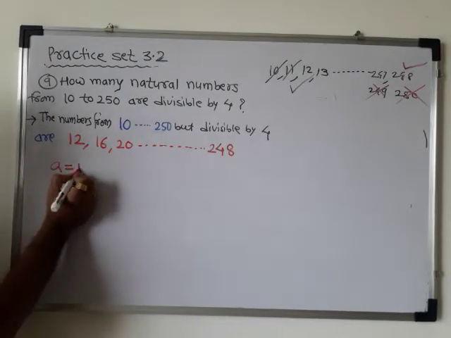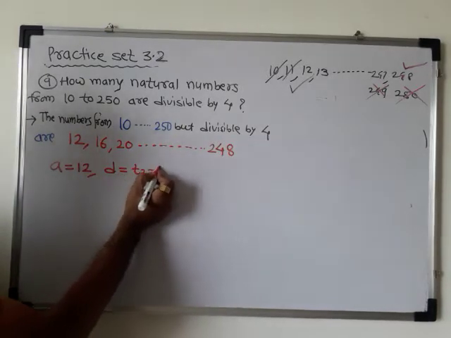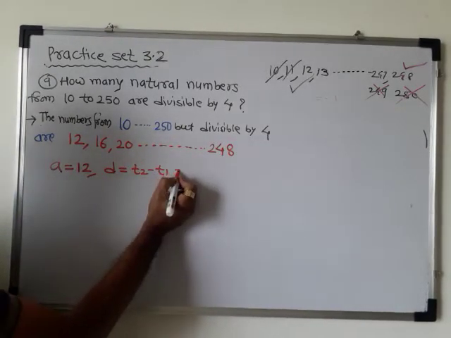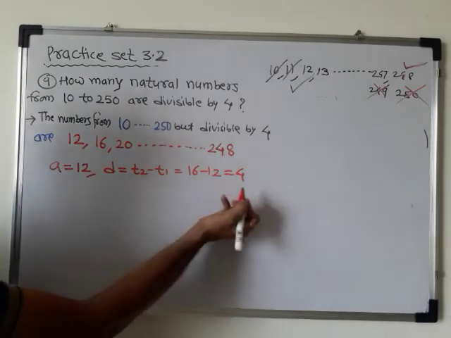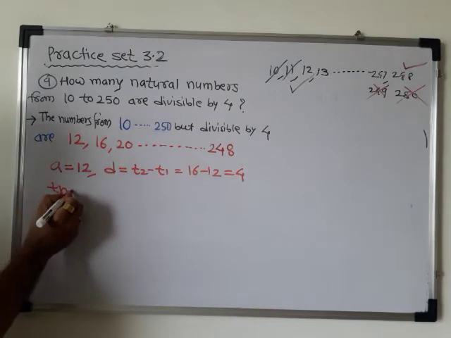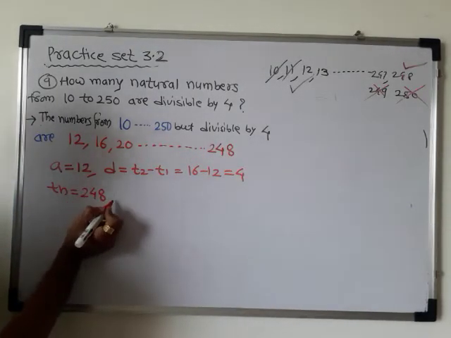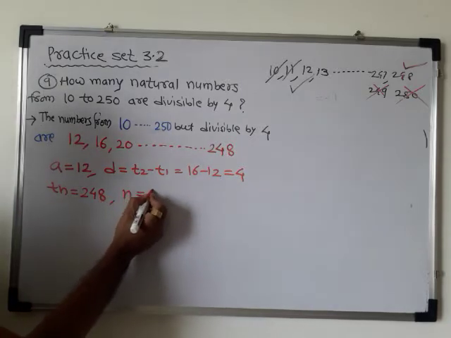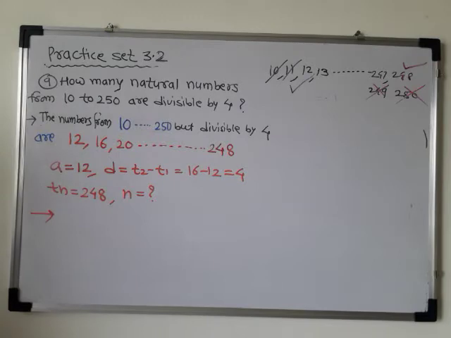A means first term, that is 12. D is the common difference, T2 minus T1, that is 16 minus 12 is 4. Now nth term, last term, is 248 and n is question mark, because you have to find how many total numbers are divisible by 4.